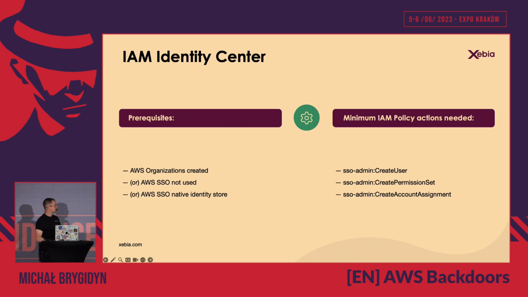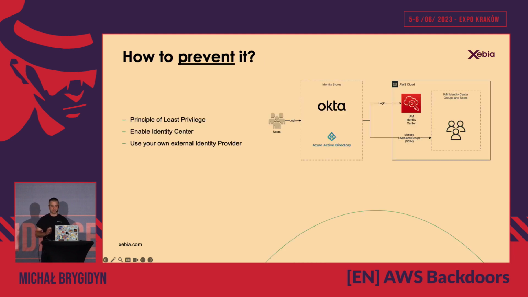So what's needed here? SSO admin actions only, like create user, create permission set, and create account assignment. And then I can access all your accounts in the organization. And how to prevent it? First of all, enable the SSO and configure it to use your external identity providers. You don't want direct AWS access. You want your domain users in SSO, so you manage access in an external system and not in AWS.